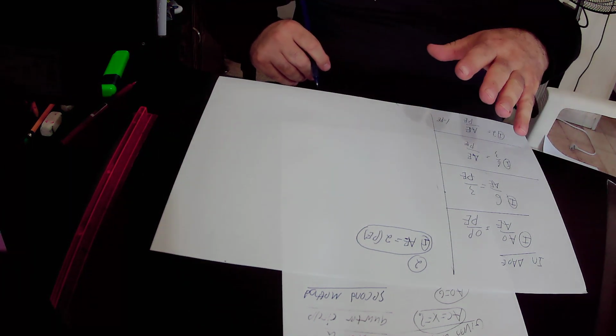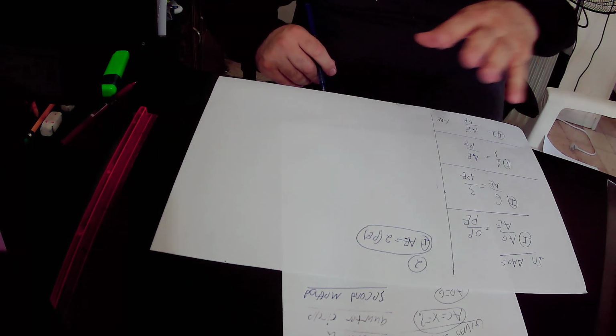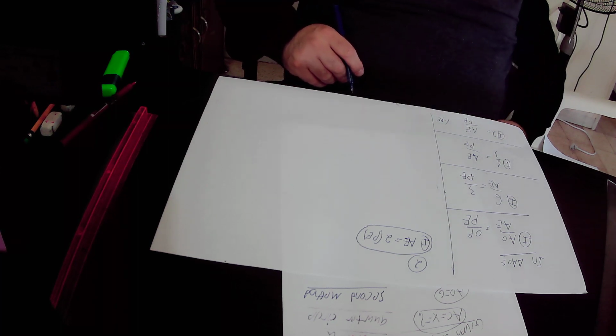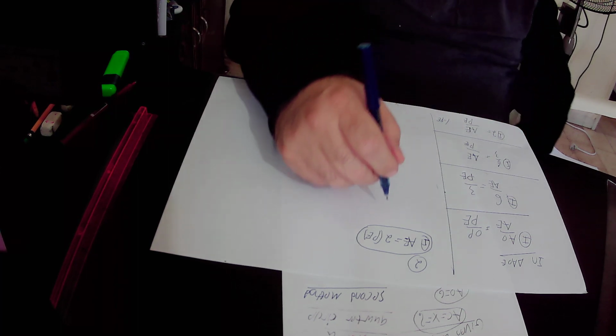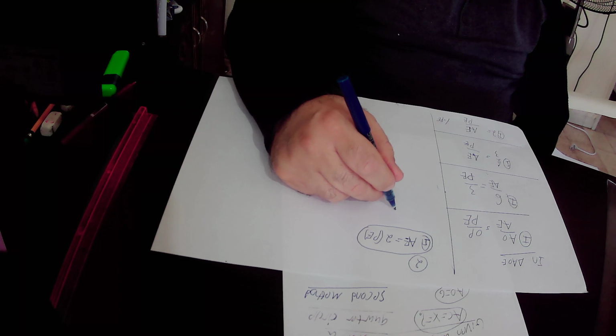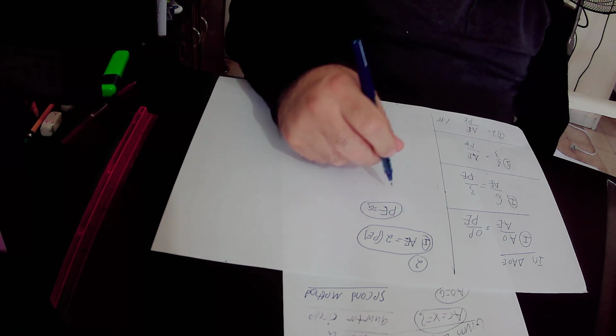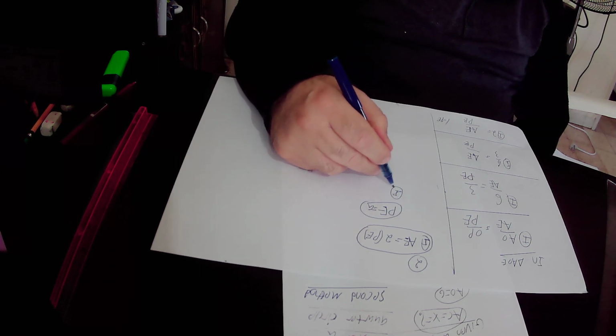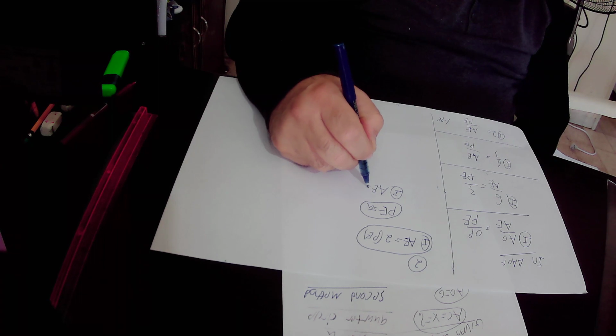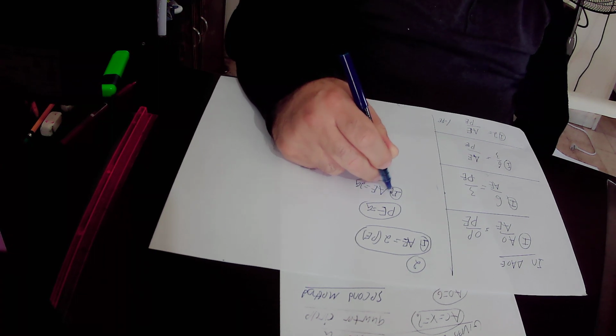That is to say, AE is twice as large as PE. So if we define PE as a, then according to equation number 1, AE will be equal to 2a.